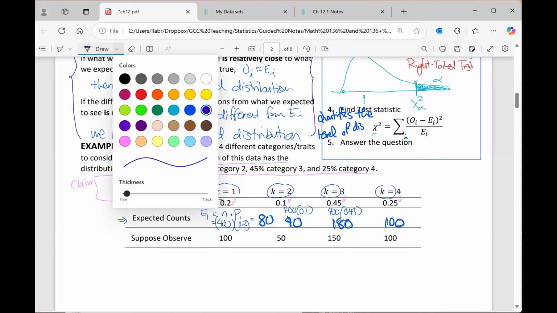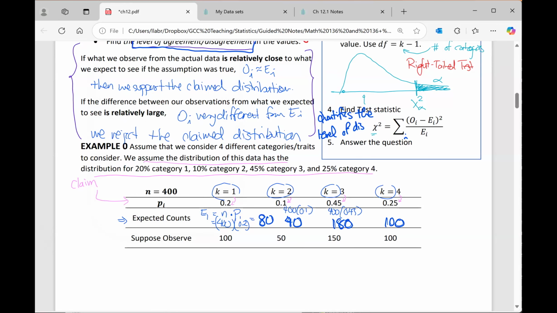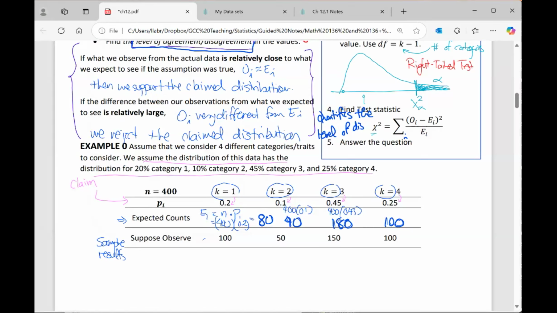What I want to point out is that if my claim is correct, that this is the actual distribution for each category, then the expected count should agree with our sample. When you actually take the sample results, these are called the observed counts. So this is O1. I observed 100 individuals.